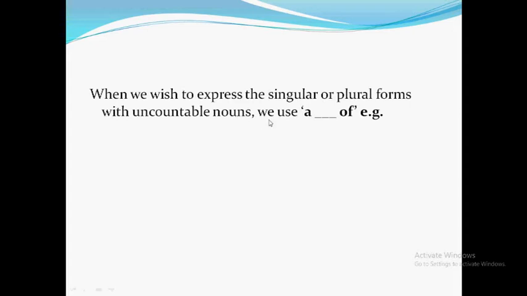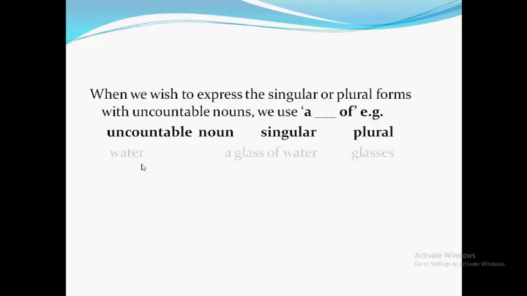Okay? Now, when we wish to express the singular or plural forms of these uncountable nouns, we can use a dash of. Okay? For example, here are 2 uncountable nouns, water and sand. So let us begin with water. Water is an uncountable noun, and if we wish to express it using a, we say a glass of water.